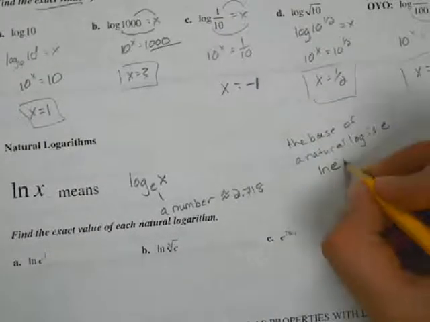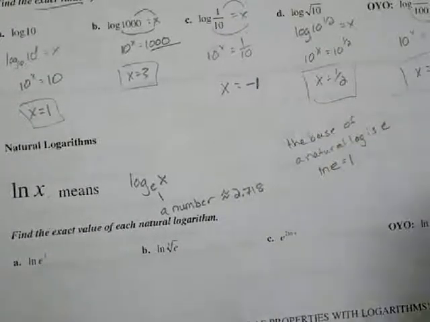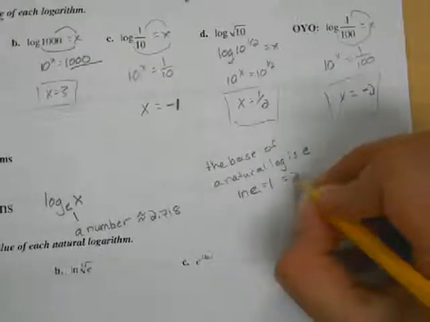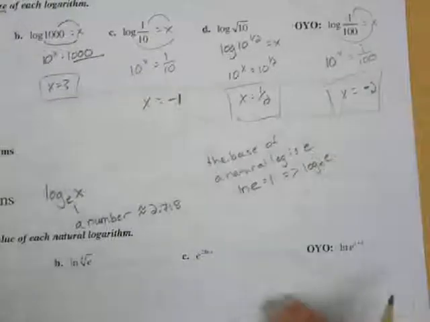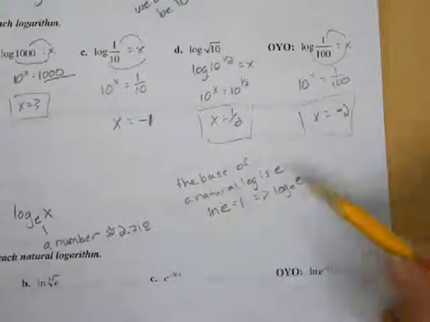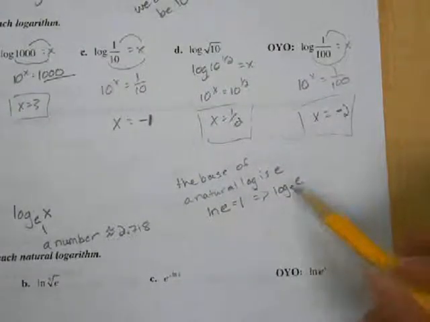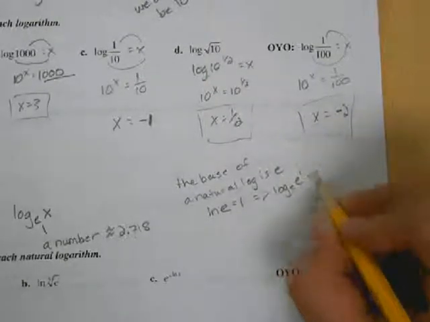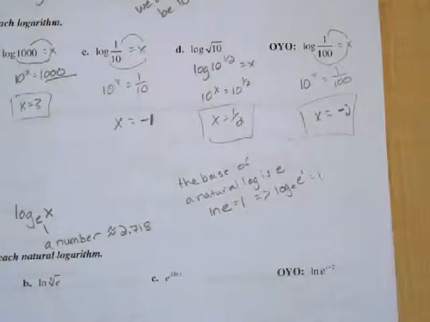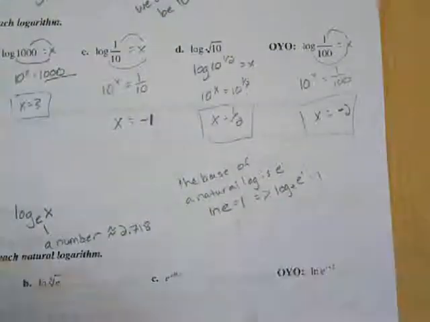Well, it has to be equal to 1. Why? Because this right here means log base e of e. If you look at the properties, that means my base and my argument match, so it's going to be equal to the exponent. When that exponent's not written, we just assume it to be 1. So the natural log of e is 1.